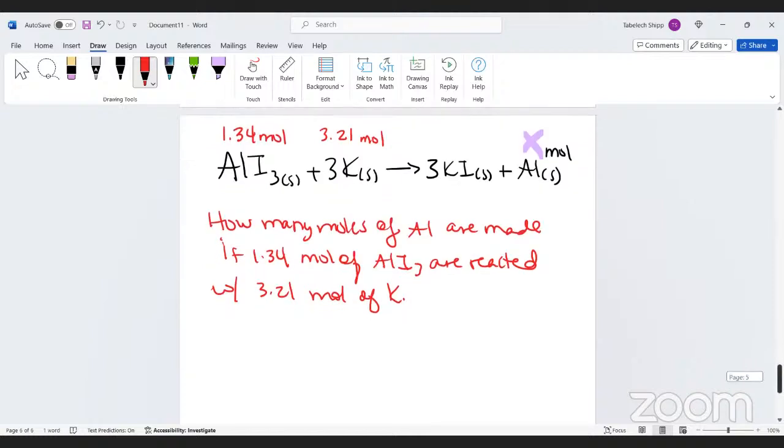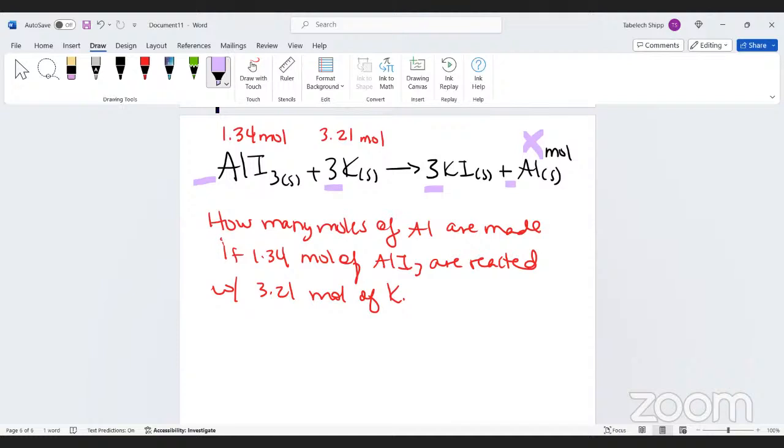Here's the deal. Let's look at the coefficients so you guys can figure out what I'm talking about. The imaginary number in front of aluminum iodide is 1. The coefficient in front of potassium is 3. The coefficient in front of potassium iodide is 3. And the coefficient in front of aluminum is 1.